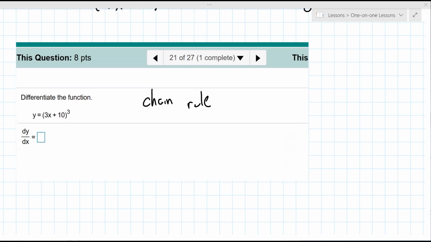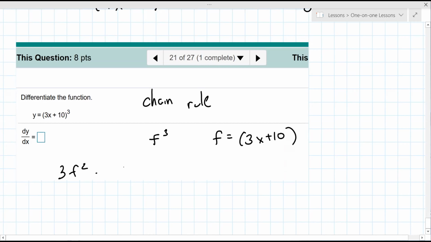The chain rule says that you take the derivative of the outside and then you go to the inside. For example, let's call this f cubed, and f is really the 3x plus 10. The chain rule says it's 3f squared times the derivative of f.